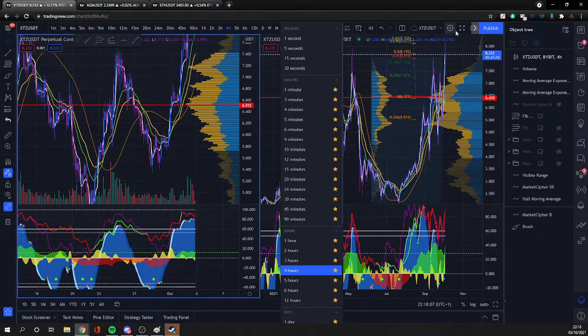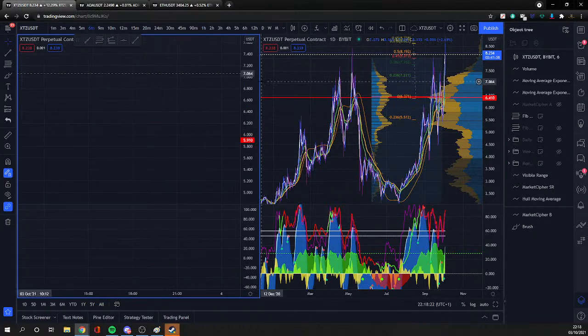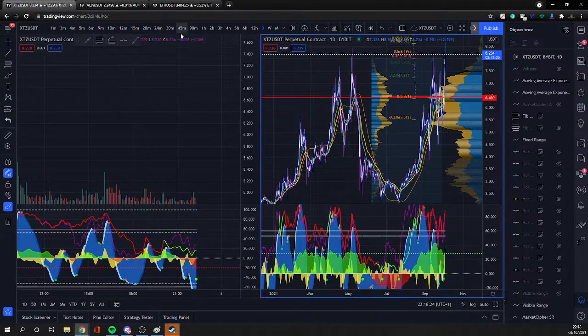Now I'm sure you can do that in the settings and return the chart to default. Again, the 1, 3 and the 5 I believe will still be there predominantly, but the 6 minute and the hour are the ones that I use for my entries.